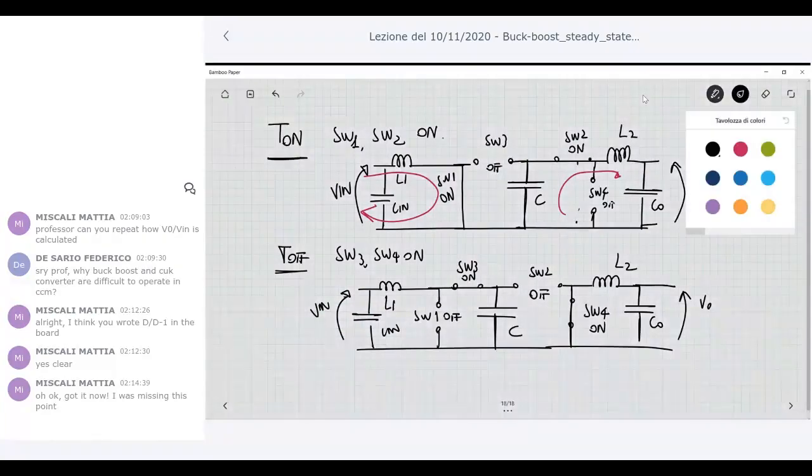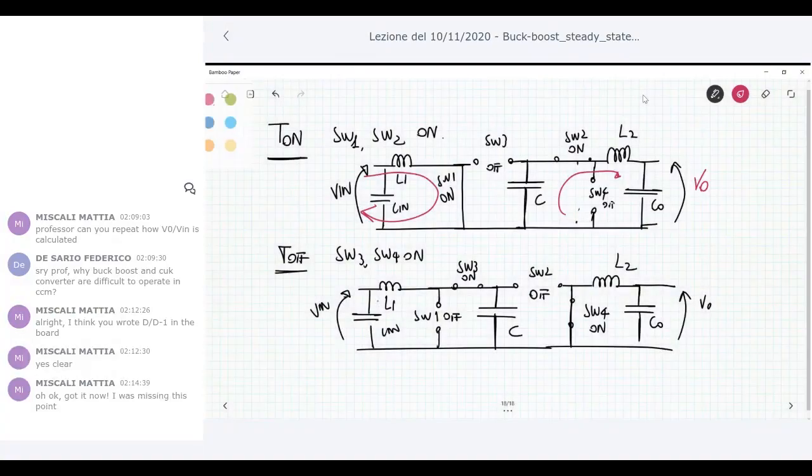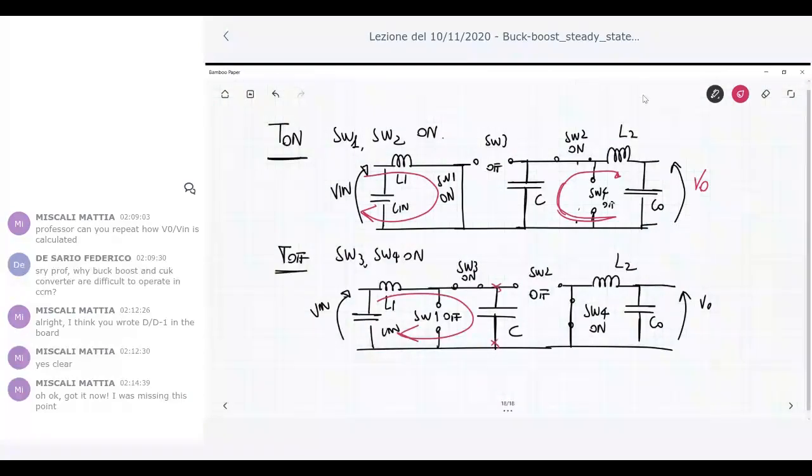Now what happens in that specific situation? As you can see here, the capacitor is connected to the input side, while in the on situation C was connected to the output.